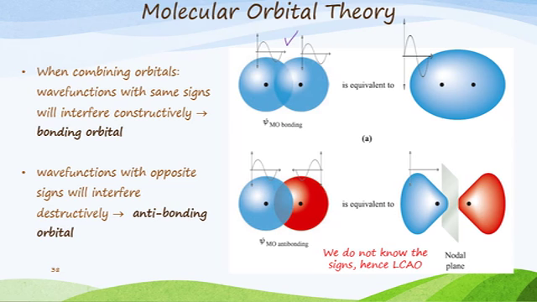Now, when these two are added together, so we combine them in a linear fashion, so they overlap in a head-to-head nature, resulting in a single bond, okay, we get an equivalence of this orbital shape over here. And you will notice that for the graph that you see here, the amplitude of the graph is obviously now added because the two waves have been added together. The wavelength is the same, but the amplitude has changed.